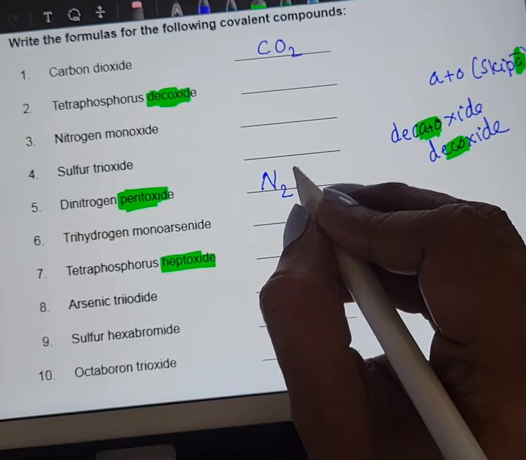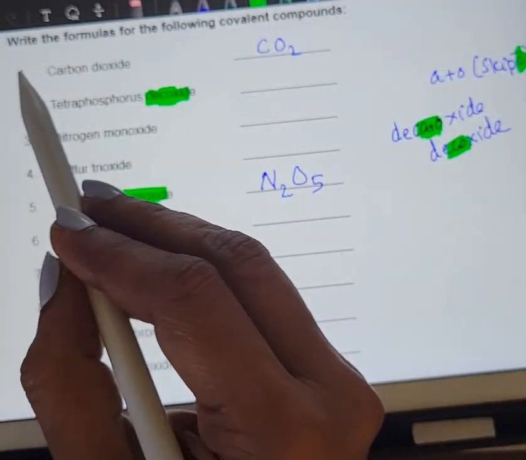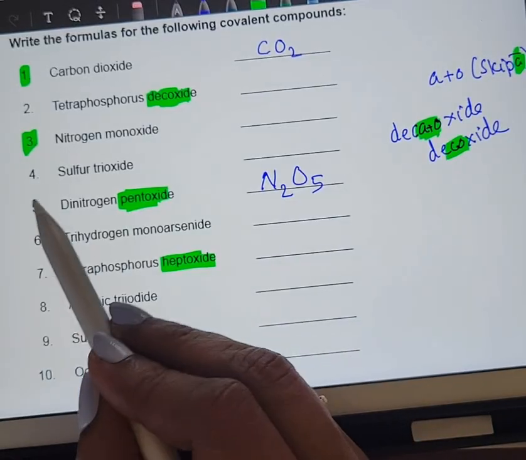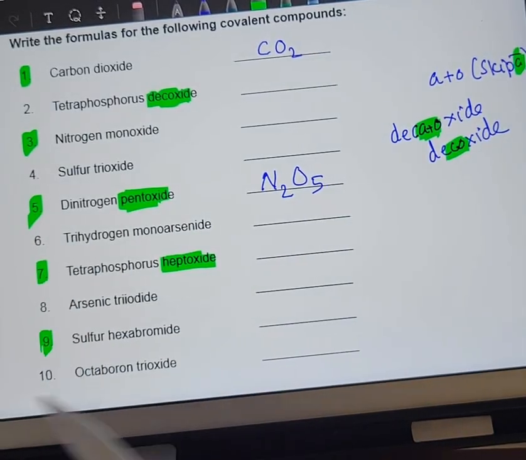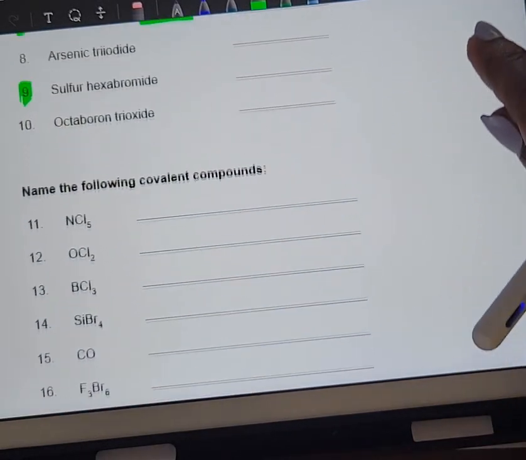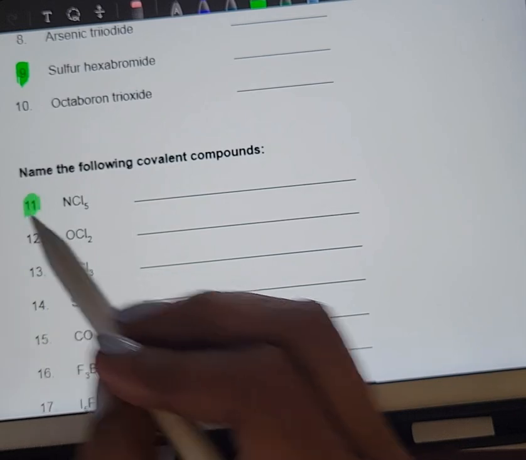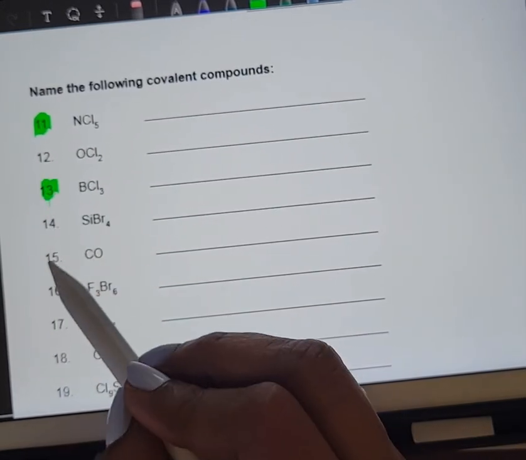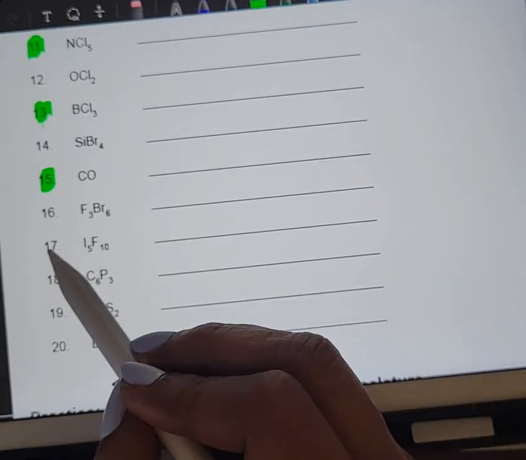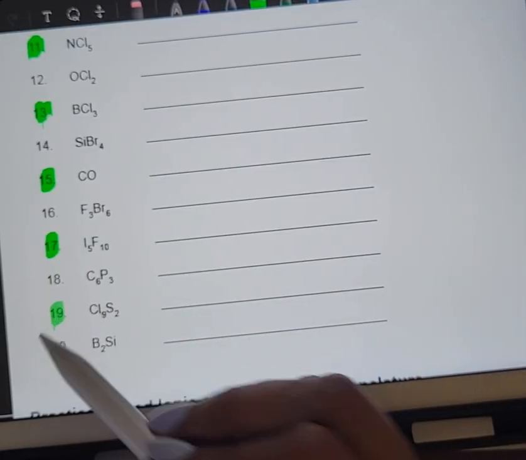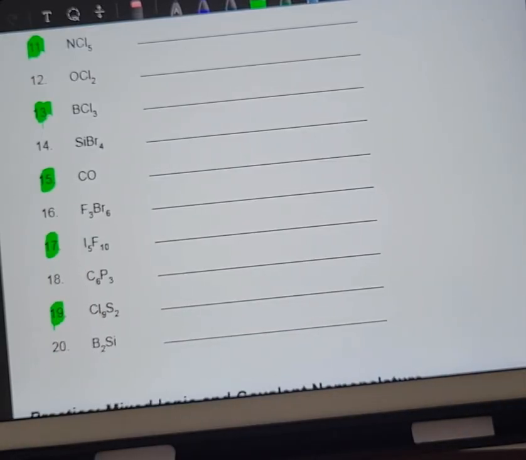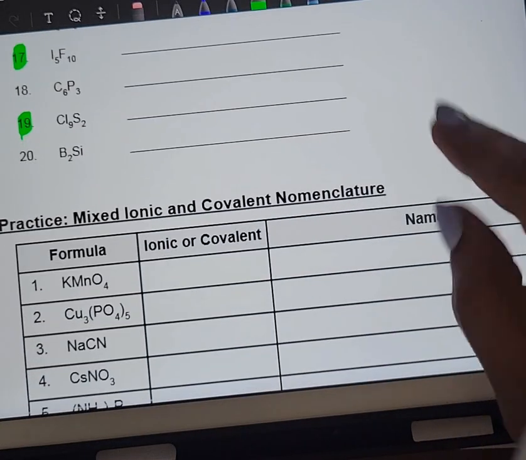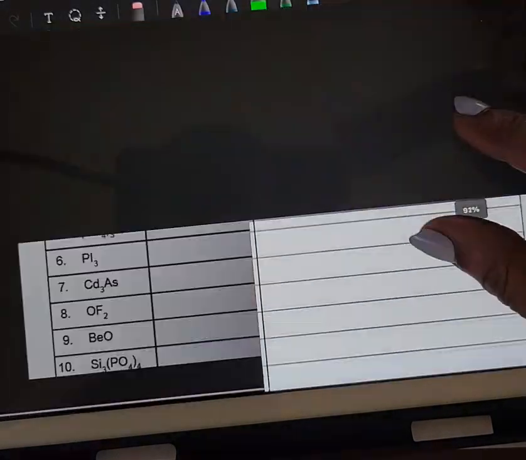Pent means how many? Pentoxide. Okay, now stop the video everyone and do 1, 3, 5, 7, 9. Then do number 11, 13, all odd numbers. Do all odd numbers. You can stop the video for 10 minutes, okay? Then do that. Once you're done, unpause the video and go here, okay?